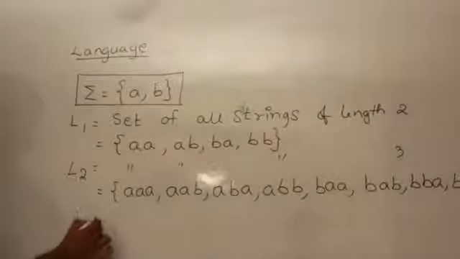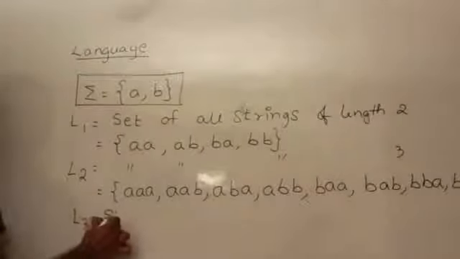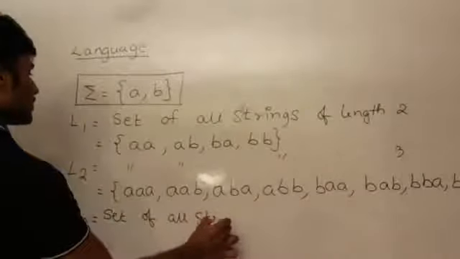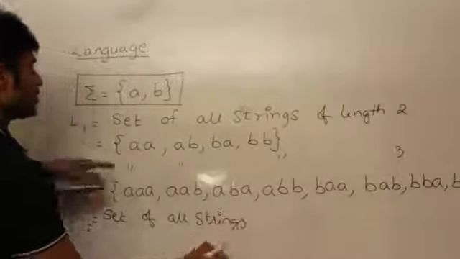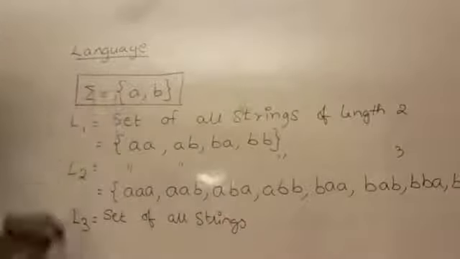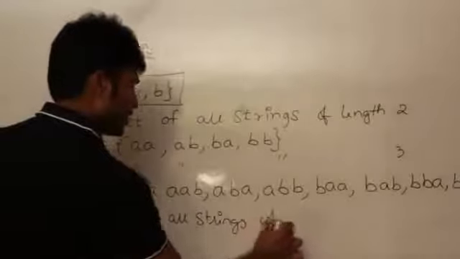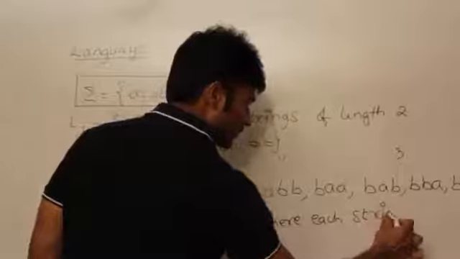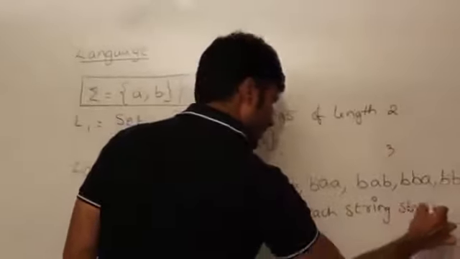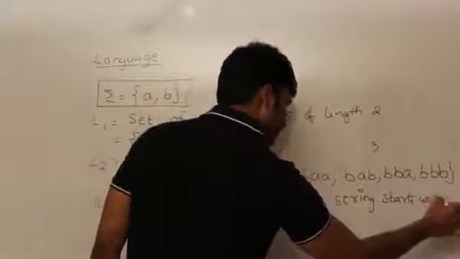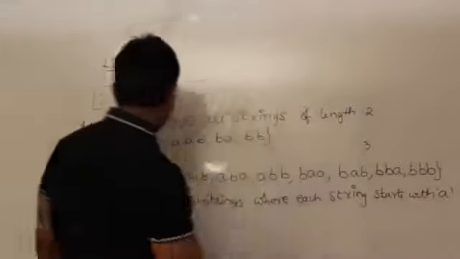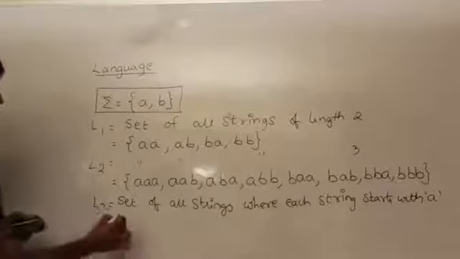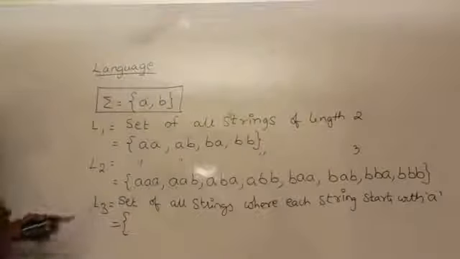Let us say L3. L3 is, let's define it like this, the set of all strings over the same alphabet sigma equal to {a, b}, where each string starts with a. I am interested in the set of all strings where each string should start with a.